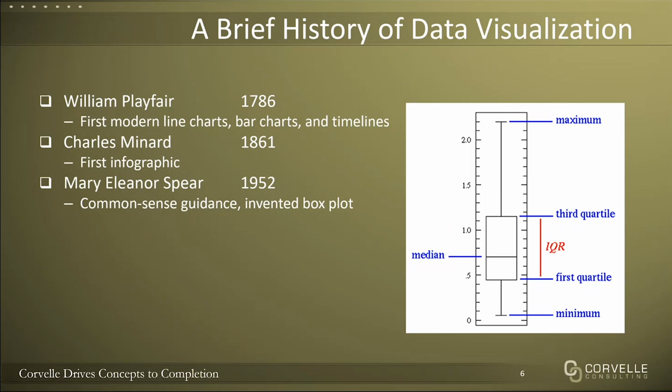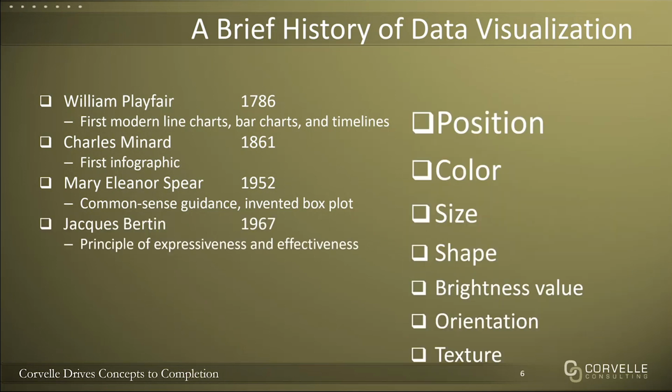Then we had Mary Eleanor Spear, who gave a lot of common sense guidance and invented the box plot that you see illustrated at right. And then we have Jacques Bertin, who created these 7 variables that lead to effective visualization, and these 4 are the most important.